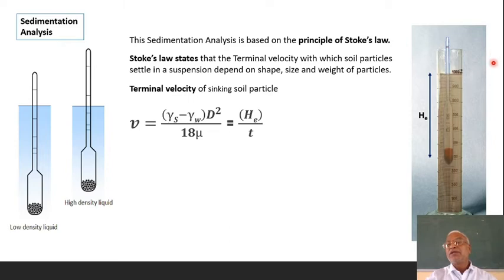He is nothing but this height through which the soil particles fall, and then we'll see the procedure. Once you put the water and soil mixture like that, we'll start the stopwatch and we go on taking the reading, right?